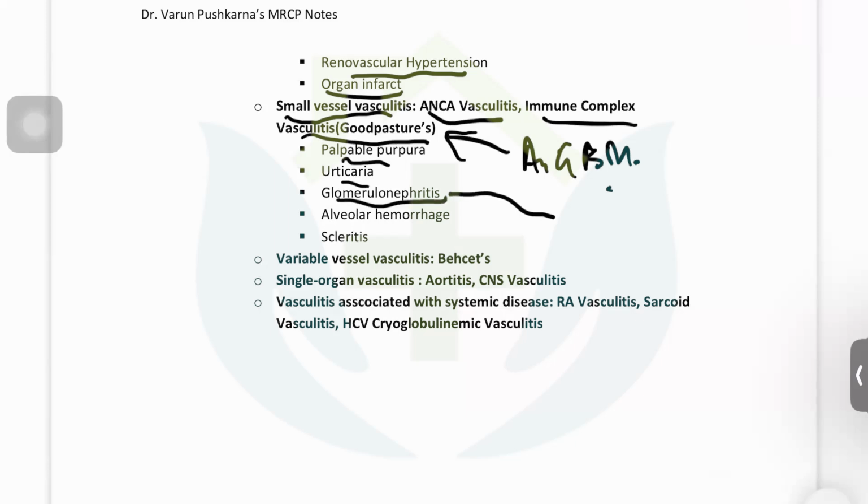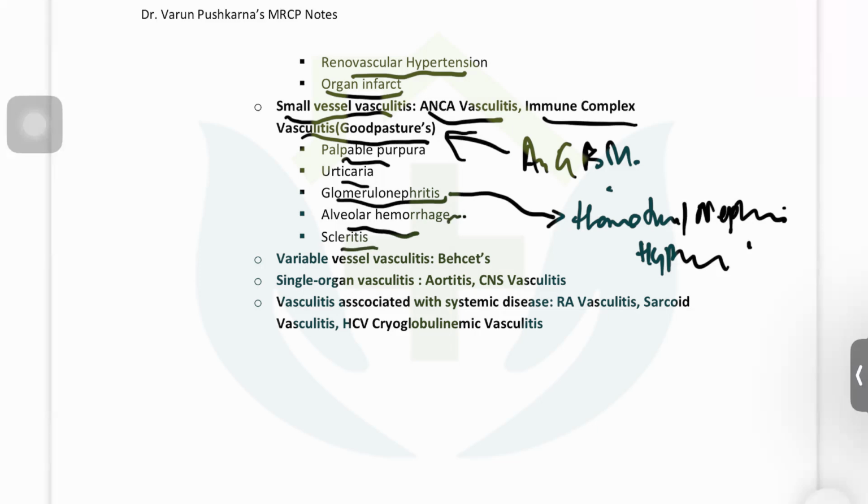When I say glomerulonephritis, I need you to understand that the patient will be presenting with hematuria, nephrotic or nephritic syndrome with hypertension. So maybe nephritic more, nephrotic less. Alveolar hemorrhage, as is seen in Goodpasture, and scleritis. Then there are certain variable vessel vasculitis, for example, Behçet's, which can involve any of the blood vessels in the body.